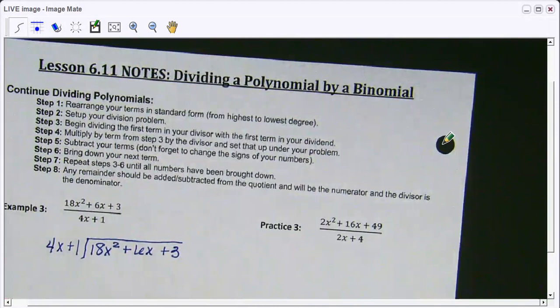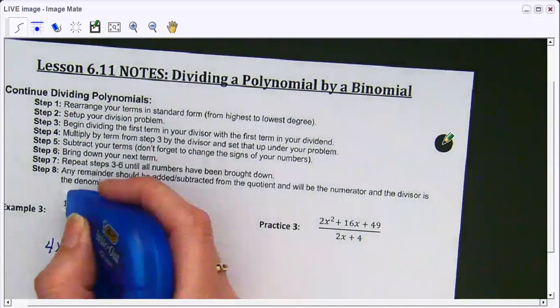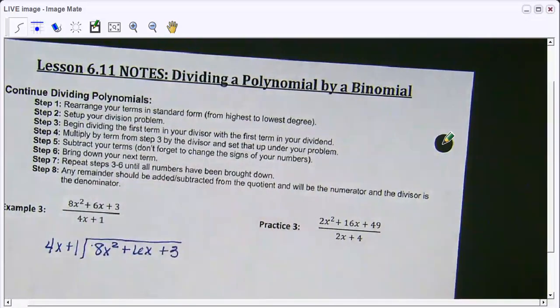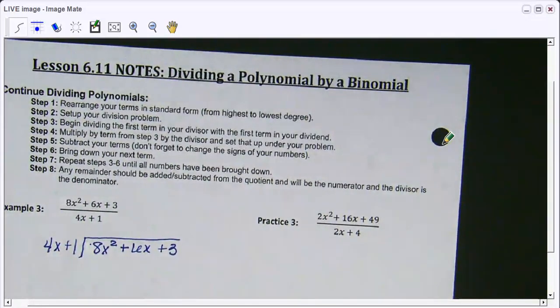Sorry, it should be an 8, not an 18. Then my whole equation changes. So take off that one.